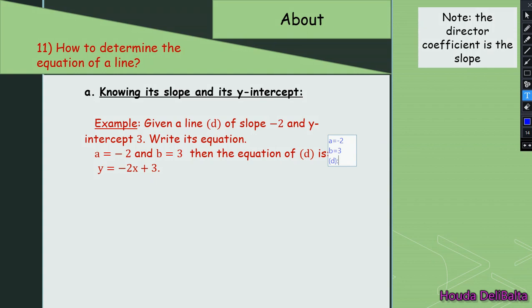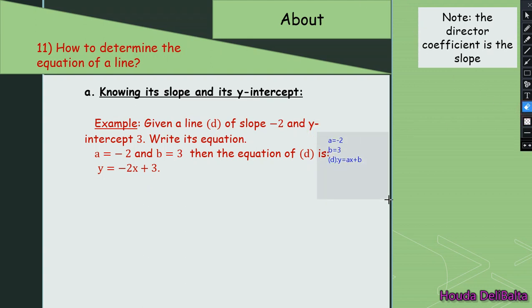We put y equals ax plus b. So all we have to do is just to evaluate -2 in place of a, and 3 in place of b. So the equation of line D is just y equals -2x plus 3. It's a very simple way.